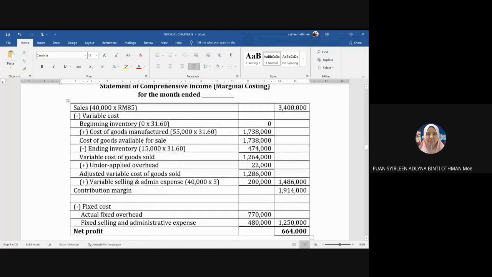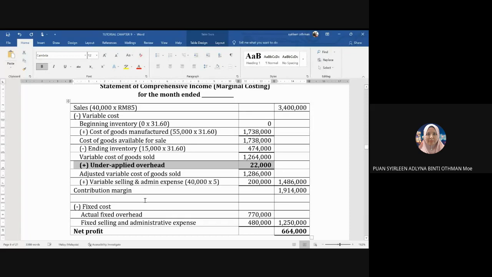So marginal pun tak ada bulan, kalau leave it out, it should be okay. Okay, so you have your sales, your variable costs, you have your cost of goods sold minus with your ending inventory, you dapat variable cost of goods sold. Sampai variable cost of goods sold, kita akan buat adjustment. So kita akan tambah under applied by 22,000.